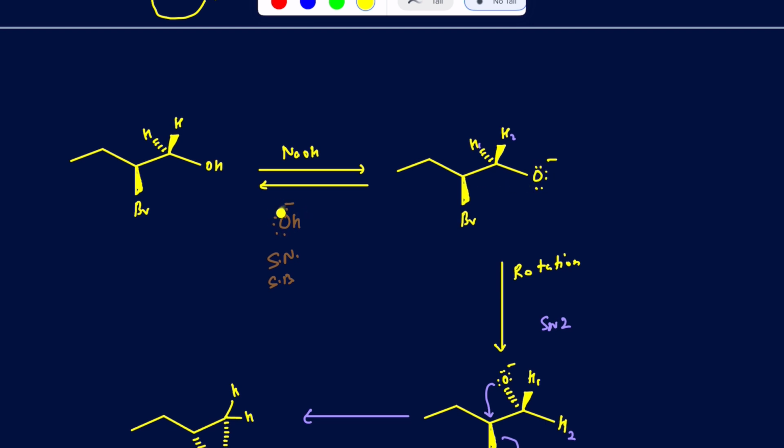For this OH to go in and do the nucleophilic attack, it has to come from somewhere else. But when you look at this O minus, to do the nucleophilic attack, it's right there. So it's easier and it has a larger probability. So that's why it's going to be the major product, and you are not really going to see this OH acting as a nucleophile and doing the nucleophilic attack here. Even if it does, it's going to be in a very small amount, but your major product is going to be the epoxide here.